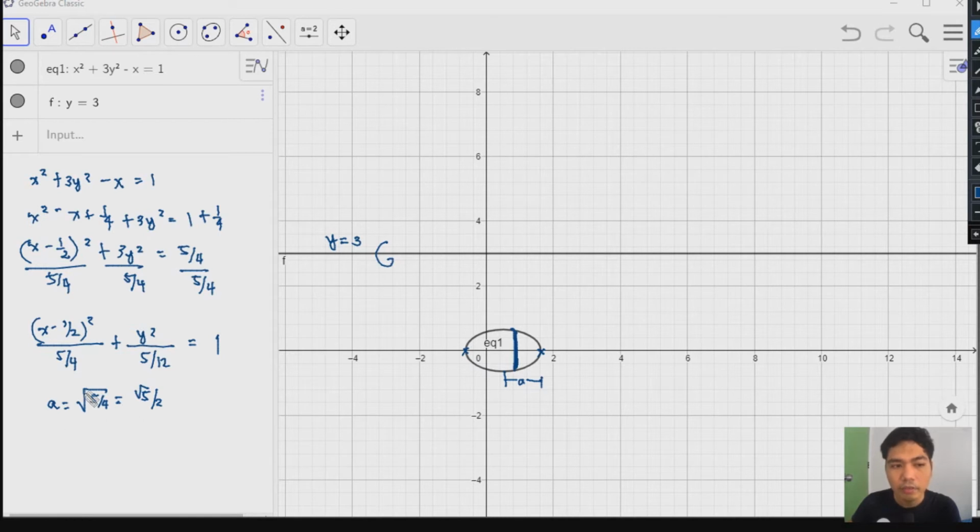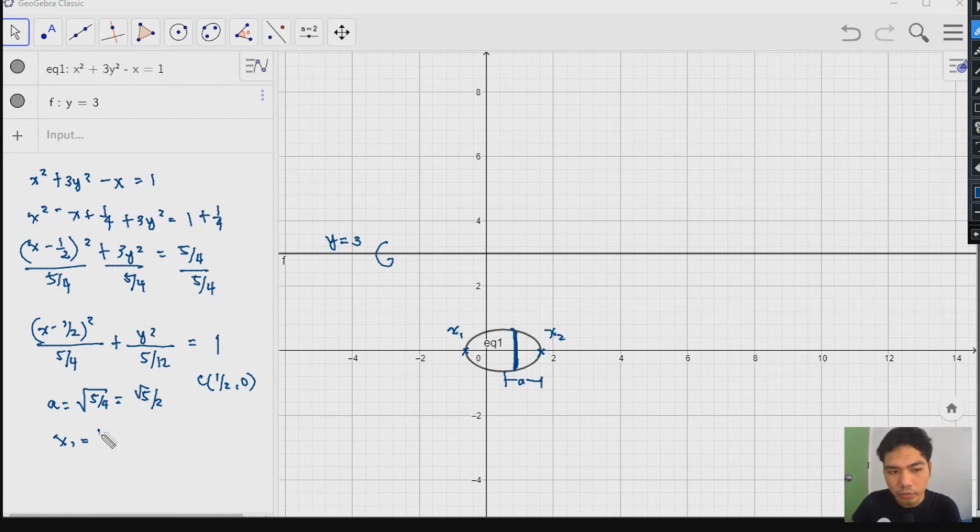And then to determine the values of this point, let's say this is your x sub 1 and this is your x sub 2. So your x sub 1 is simply the x value of the center minus this a. So what is the value of your center? From this particular equation, we could see that the center is at 1/2, 0.